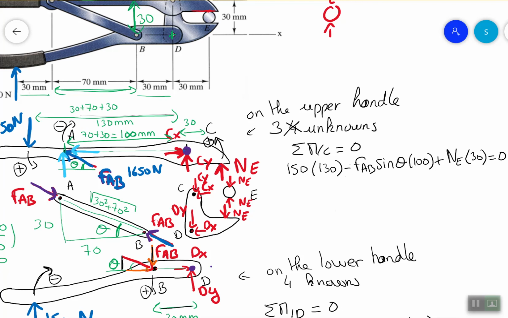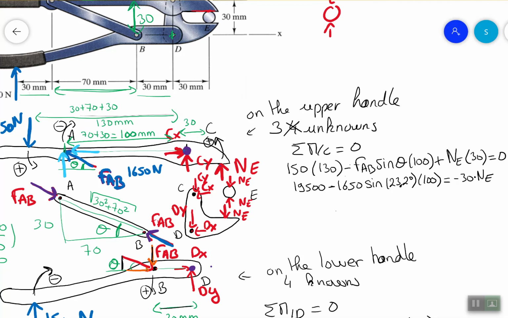So we have 150 times 130, that's 19,500, minus FAB. We found FAB, that was 1650 sine 23.2 degrees, times 100, and this is equal to minus 30 times NE.